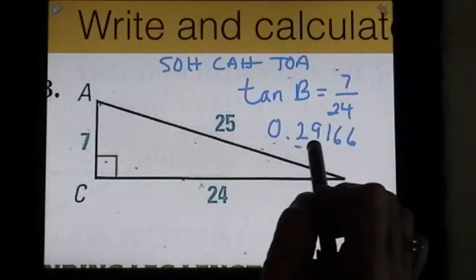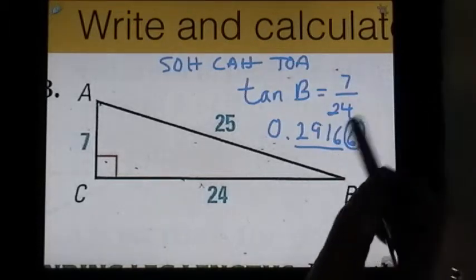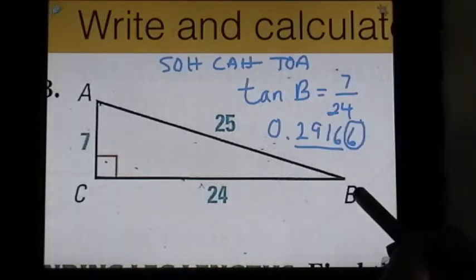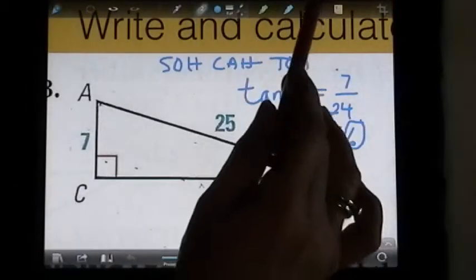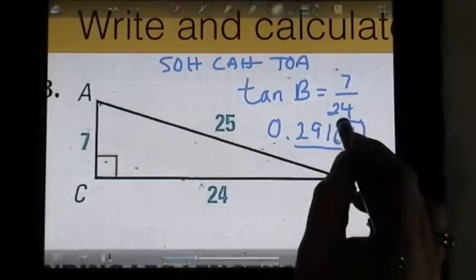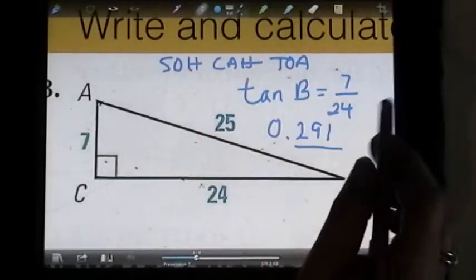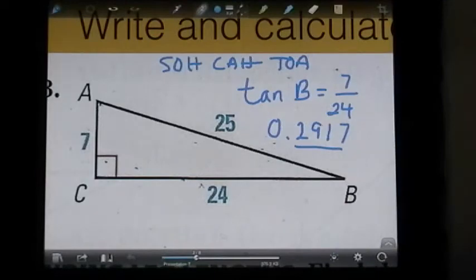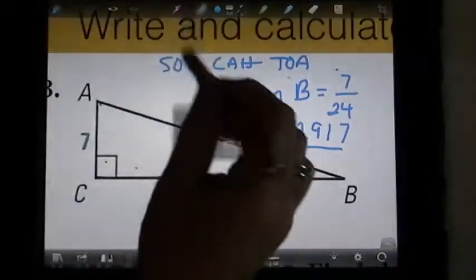Okay, we're only supposed to go to the 4th decimal place. So we're going to look at the very next number to determine what to do with that 6. And we need to make it a 7 because it's above our halfway point. .2917.